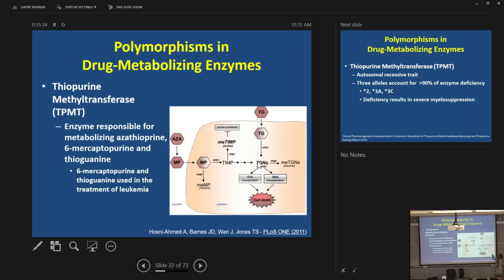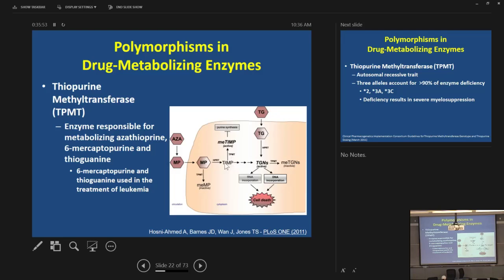All right, so TPMT comes into play right here, where it metabolizes these active thioguanine nucleotides into inactive nucleotides.